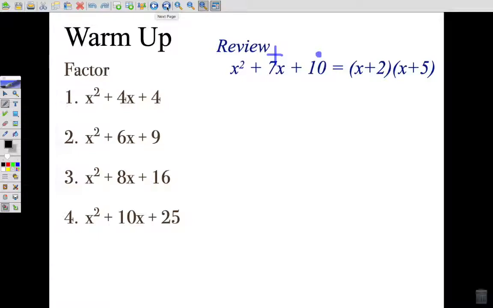So pause the video here for a minute and factor each of these 4 quadratic equations. You should be seeing a pattern that, unlike this little review example, each binomial is the same.